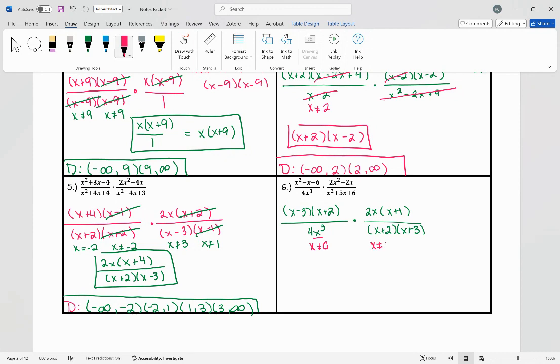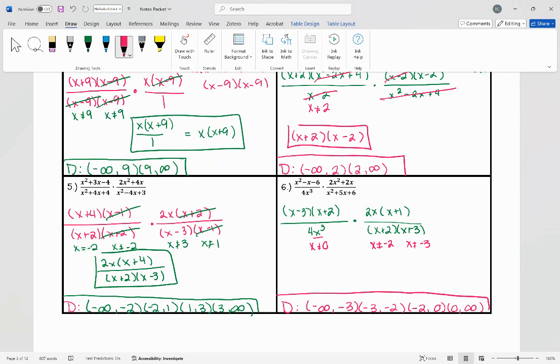X can't equal -2. X can't equal -3. So then least to greatest, we're going to do negative infinity to -3, -3 to -2, -2 to 0, 0 to infinity.